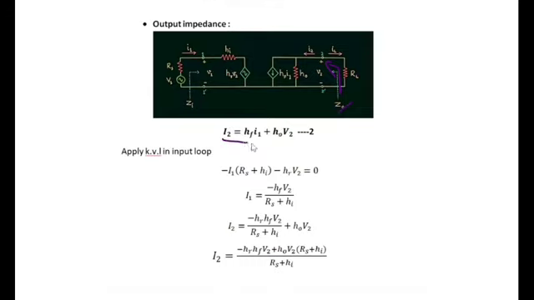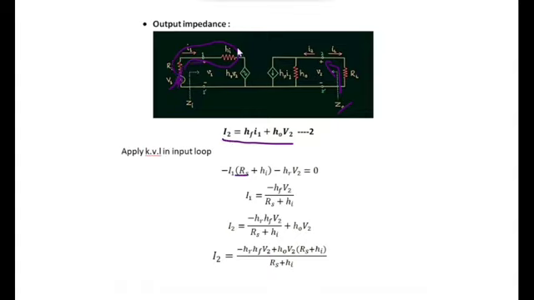If we take the I2 equation, and apply KVL in this input loop by making Vs as 0, that is source as 0, then we can short circuit this path, and the equation will be, here Vs is 0 and the next voltage drop is Rs plus Hi, this is the complete impedance, that is Rs plus Hi into I1.